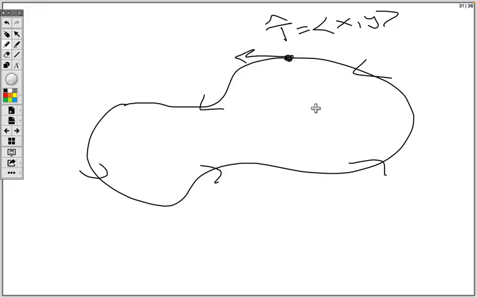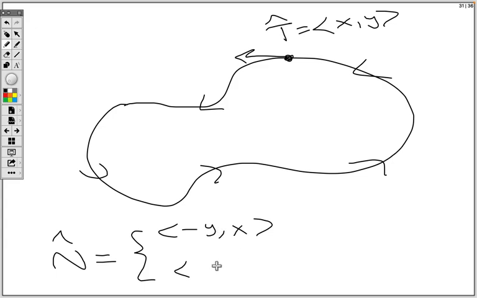Then for your n hat, you would have two options, because since it's two-dimensional, remember this little trick? You reverse the components and make one of them negative. So either y comma x or y comma minus x would be your choices for n hat.